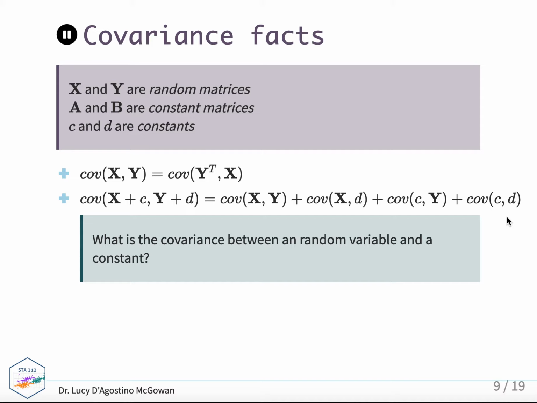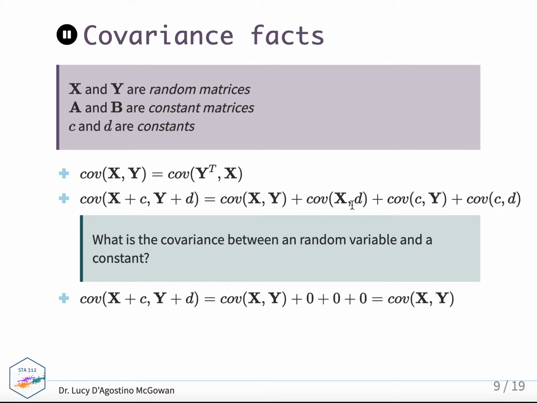And so it doesn't really make sense to have a covariance between a random variable and a constant. In fact, the covariance between a random variable and a constant is going to be 0. What that means is that the covariance of X and d, the covariance of c and Y, and the covariance of c and d are all going to be 0. And so the covariance of X plus c and Y plus d is just equal to the covariance of X and Y.